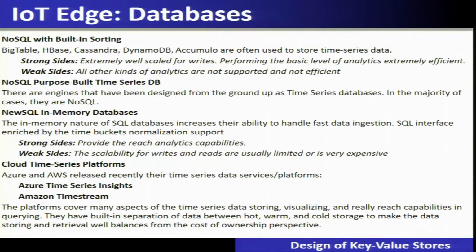So, now let us go into more detail about cold storage data. Cold databases use technologies such as NoSQL with built-in sorting. Examples of such technologies are Bigtable, HBase, Cassandra, DynamoDB, and they are often used to store time series data with a huge volume involved.